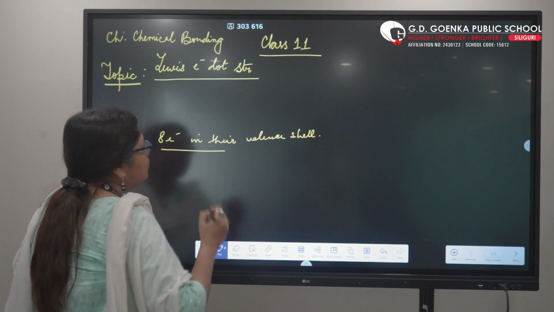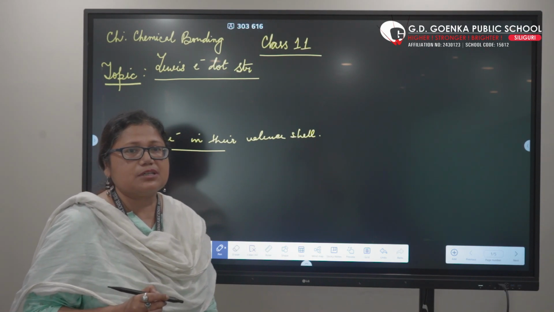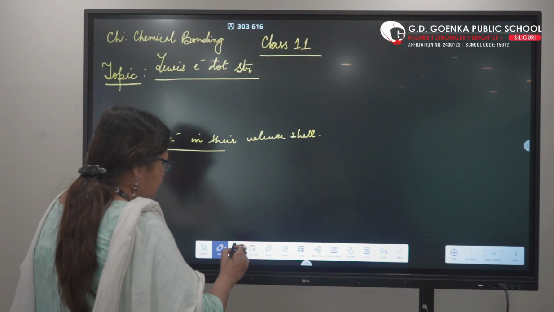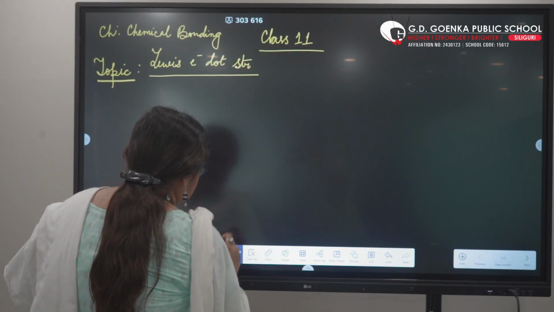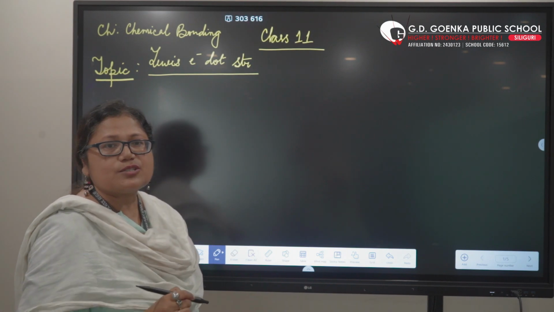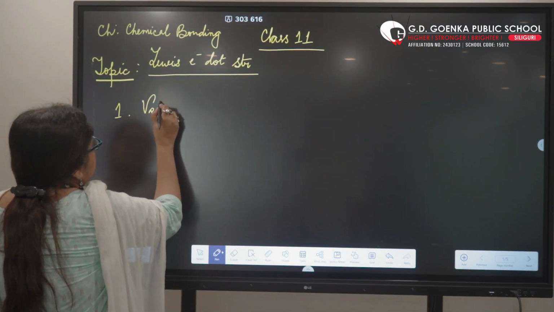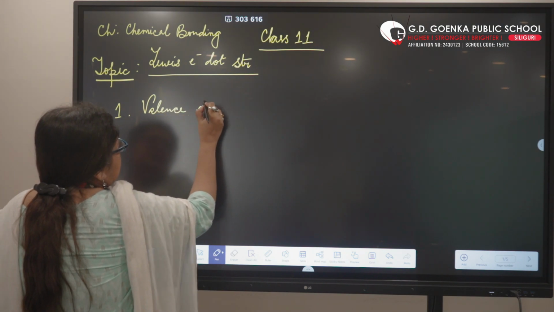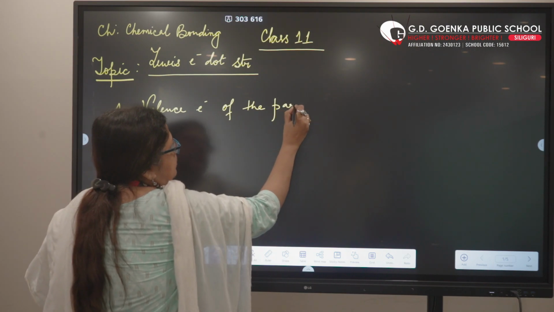Now before we start drawing the Lewis dot structure, we must keep certain points in our mind. So what are the points? We are going to list the important points. Our first point is we have to focus only on the number of valence electrons of the participating elements.